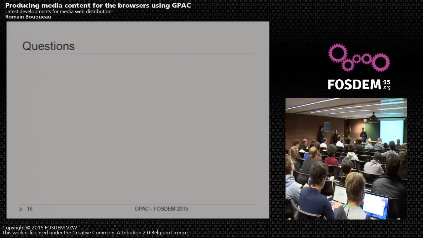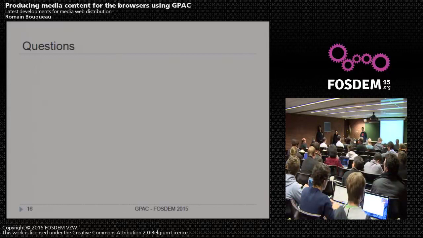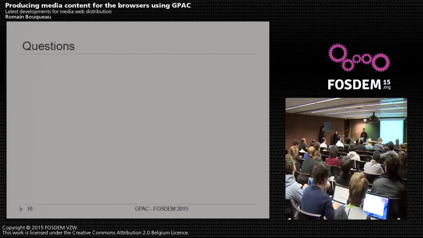Other questions? I have a question for you. What's the difference between your JavaScript implementation of a DASH client and the official JavaScript DASH client? Okay, so the question is, what is the difference between our JavaScript implementation of the DASH client compared to the DASH Industry Forum DASH client?